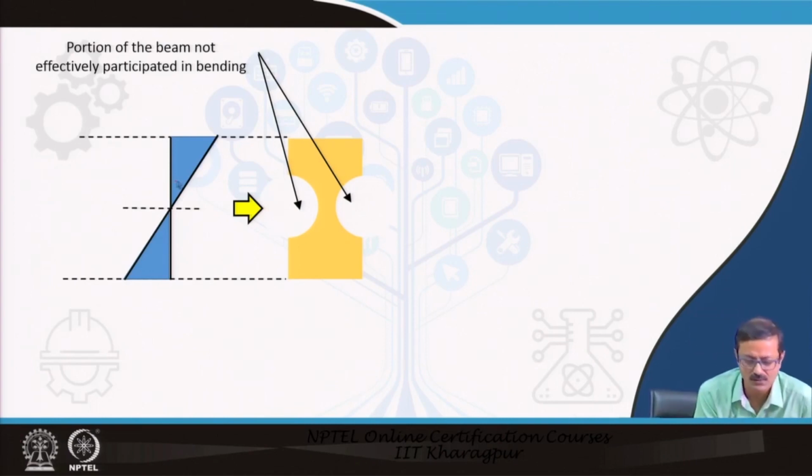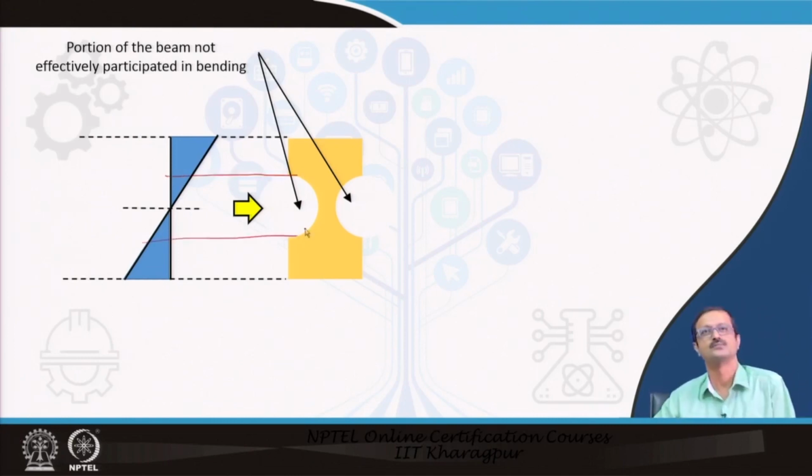You see, this portion is under very little stress. So, why should I give the same amount of material throughout for rectangular sections? Yes, some beams we cannot help, you cannot cast this kind of concrete beam, but for some other material we can think of something like this kind of beam, to reduce the amount of material and to economize the total cost of the structure.